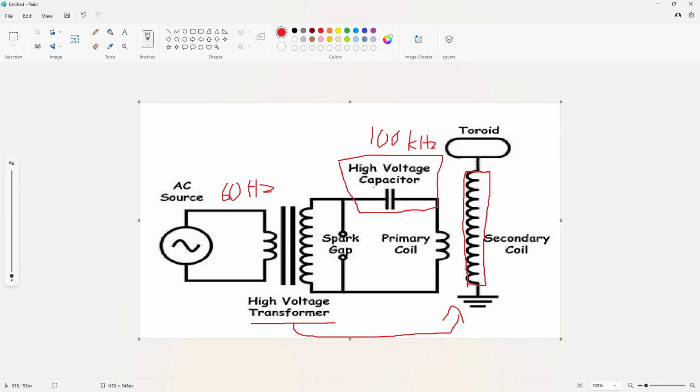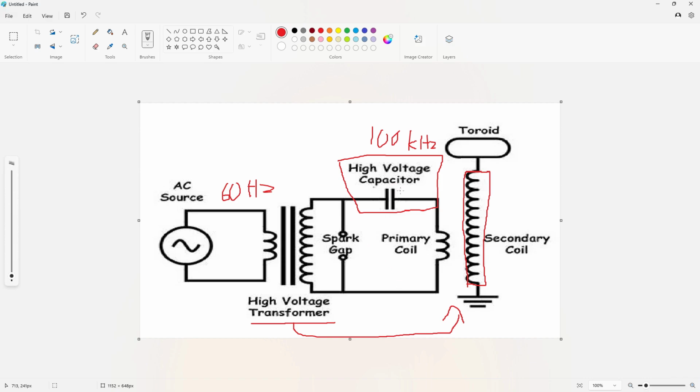That's another reason why you want your winding very smooth, so that it's transferred correctly and increases your high frequency response. So this is high frequency.